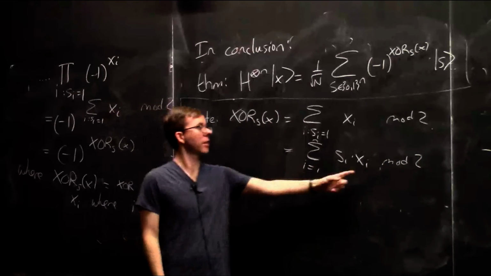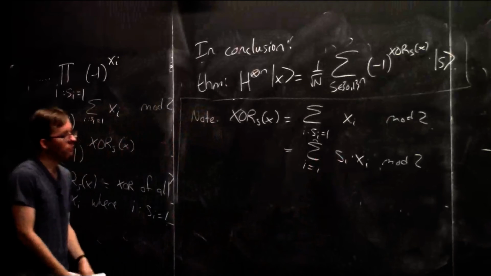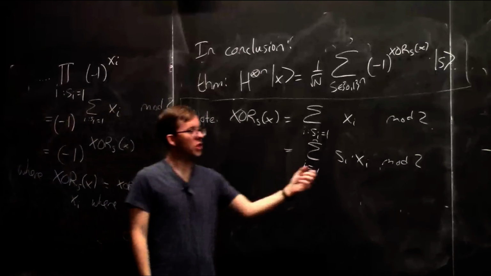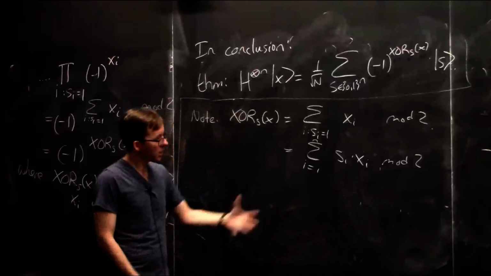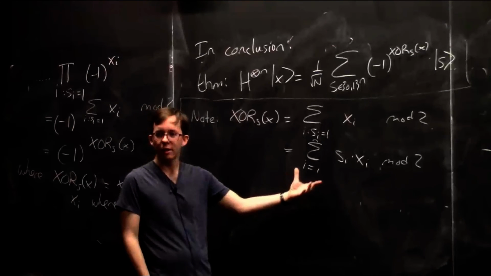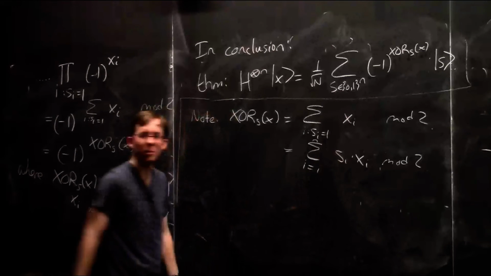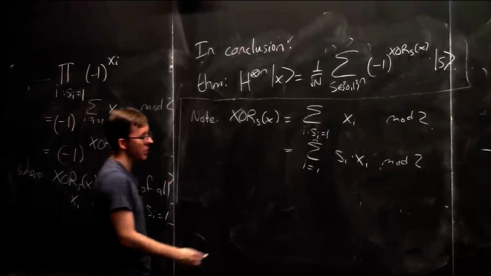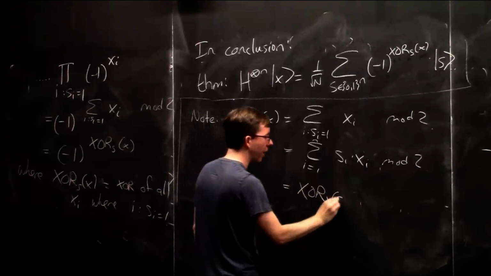Basically you're saying, count xi if Si is 1, or don't count it if it's 0. This is actually the dot product of the vector S and the vector x mod 2. In particular, now you see it's actually symmetric between S and x. I could reverse this, since multiplication is commutative. So crazily, this is also equal to XOR sub x of S.